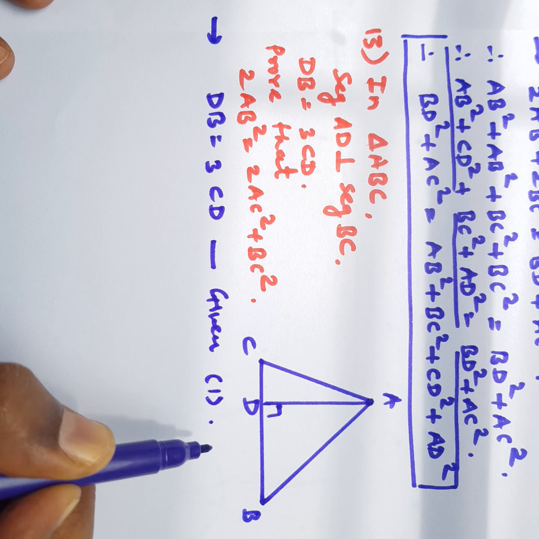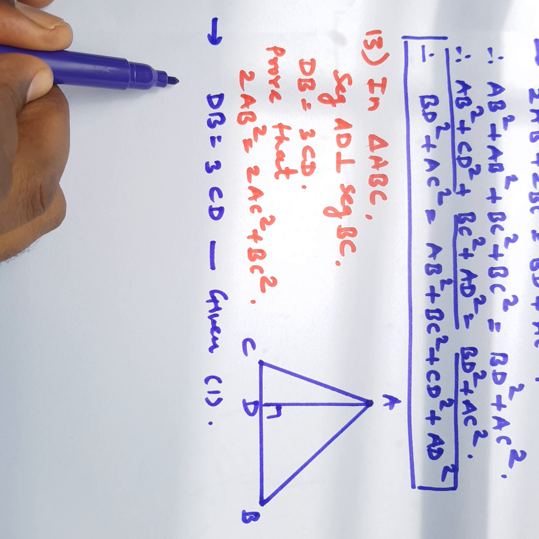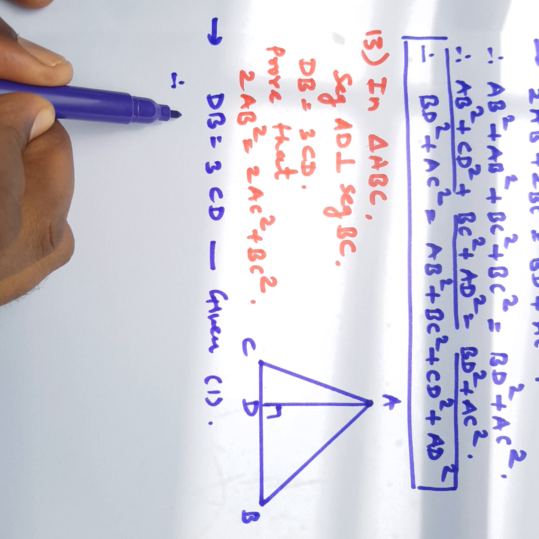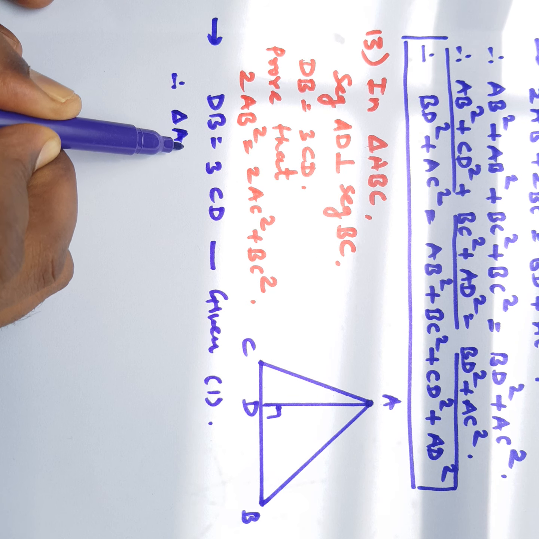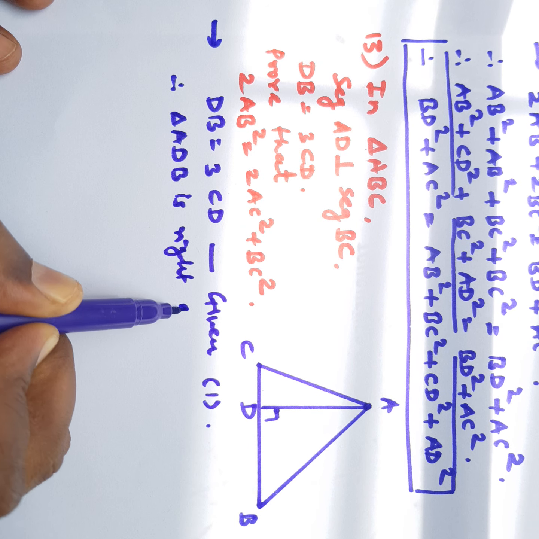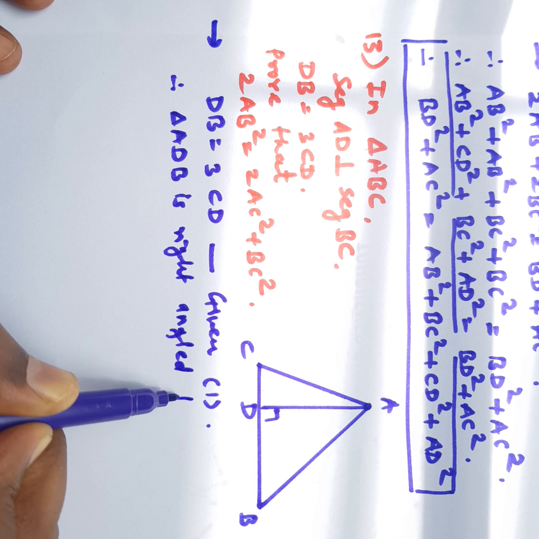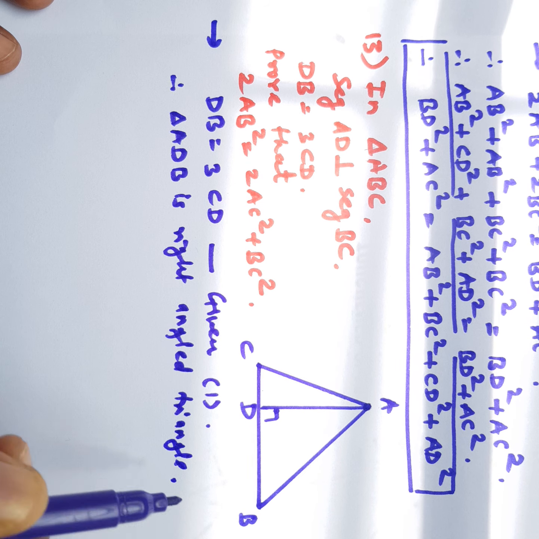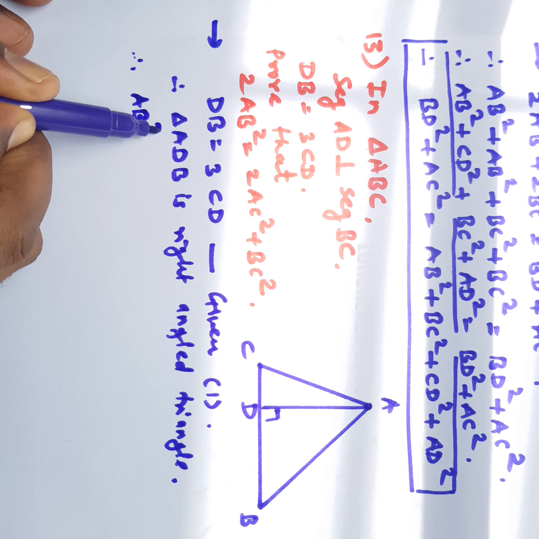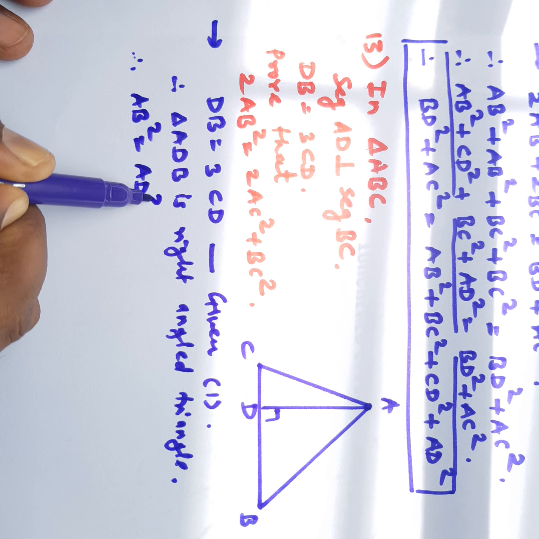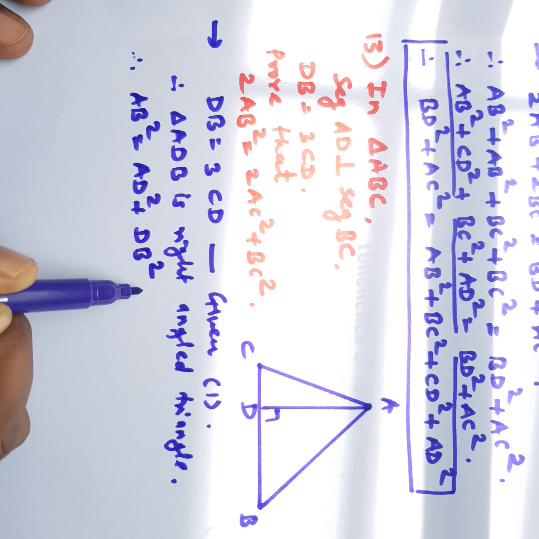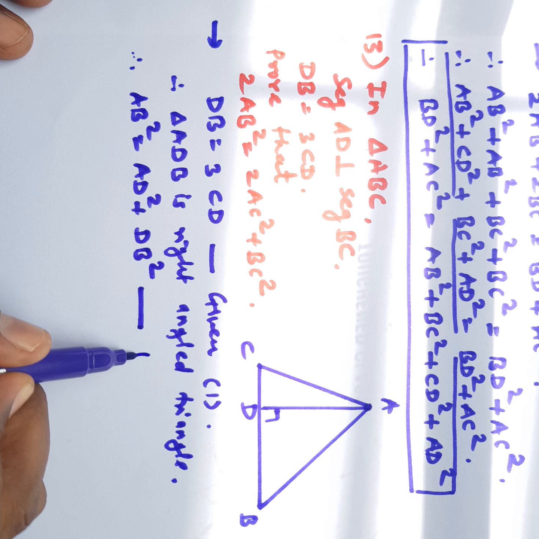Give number 1 to this equation. Then first we will apply Pythagoras theorem in triangle ADB. Triangle ADB is a right angle triangle. Therefore AB square is equal to AD square plus DB square, by Pythagoras theorem.